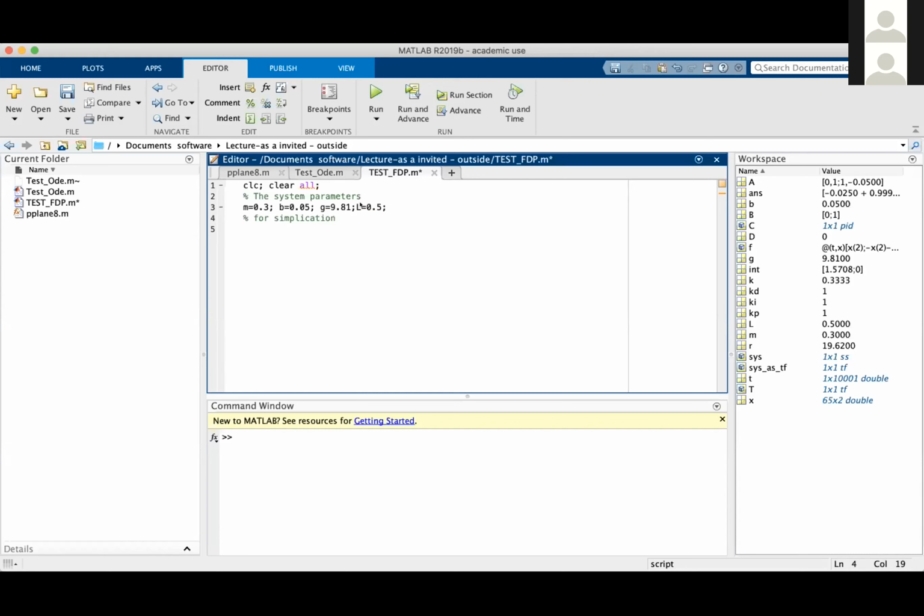So here r equal to g by L, and k equal to b by m times L.